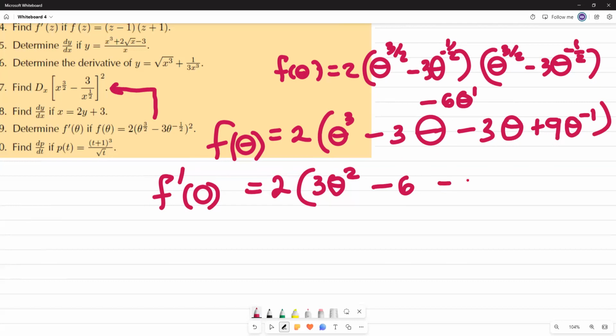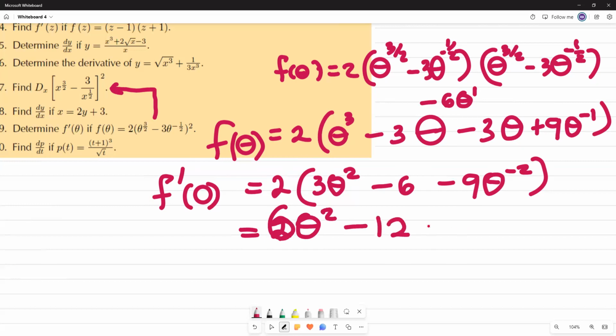Then there you're going to have minus 9 theta to the negative 2. Then you can now multiply the 2 in. So it's going to be 6 theta squared minus 12 minus 18 theta to the negative 2. And that's the derivative, and the last question of this video.